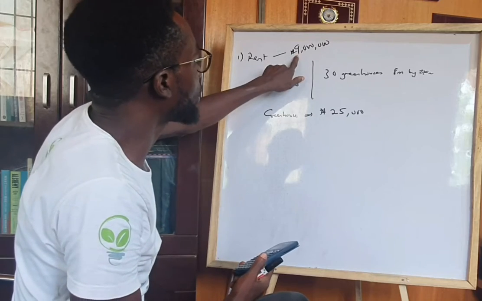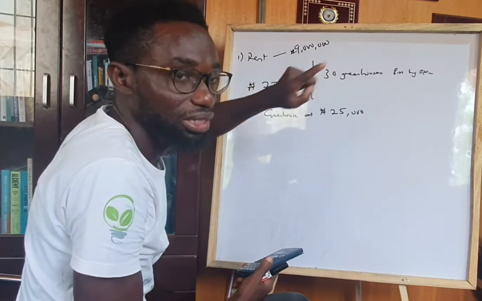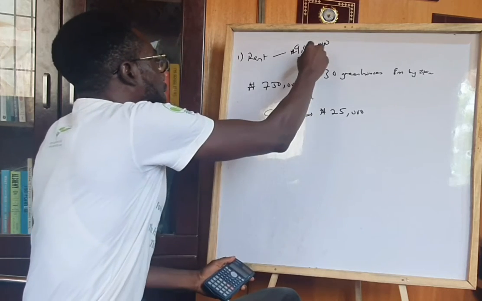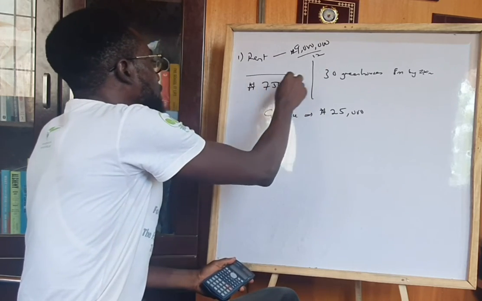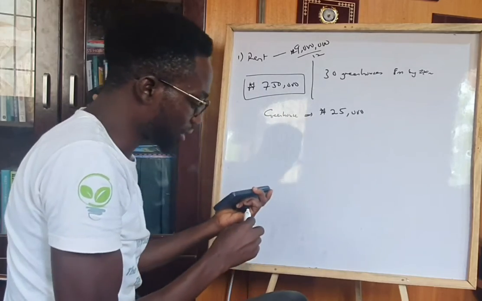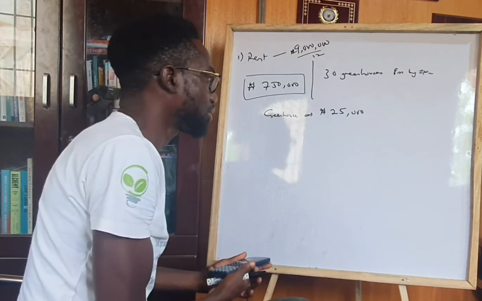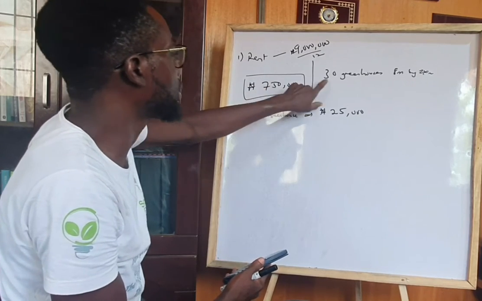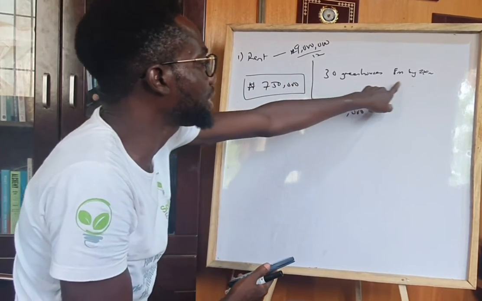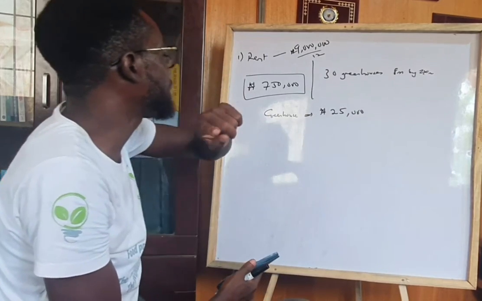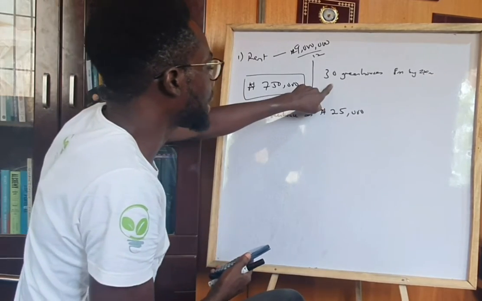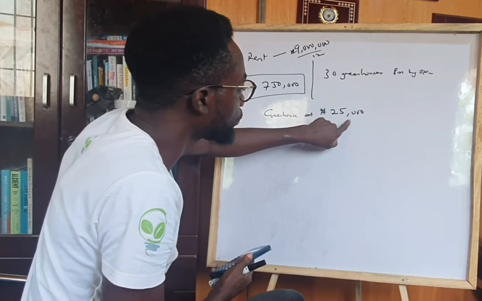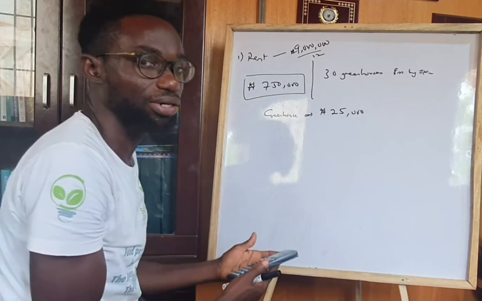If the annual rent is 9 million, and we divide 9 million by 12, monthly rent is 750,000 naira. If my monthly rent is 750,000 and I have 30 greenhouses, essentially per greenhouse there is a rent cost of 25,000 naira.